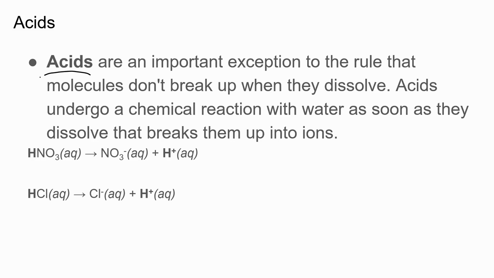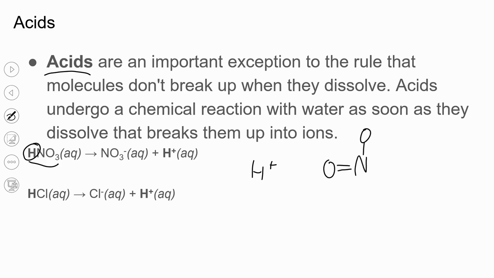Okay. So what you're going to look for is, is there a hydrogen at the beginning of the formula? That's going to tell you that it's probably an acid, and that's going to break apart in solution. So if I modeled this in solution, I would have a hydrogen ion, or that's also called a proton, and we'd have this nitrate ion, which I think the Lewis structure is like this.